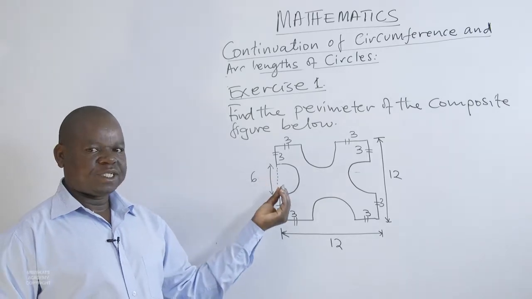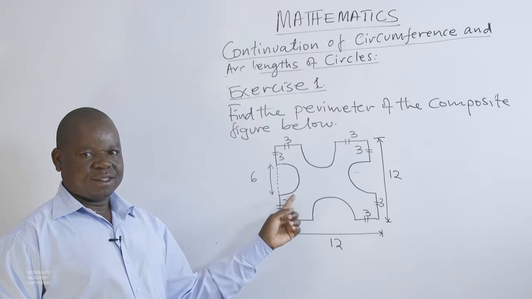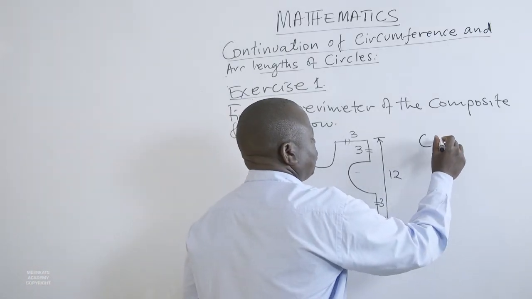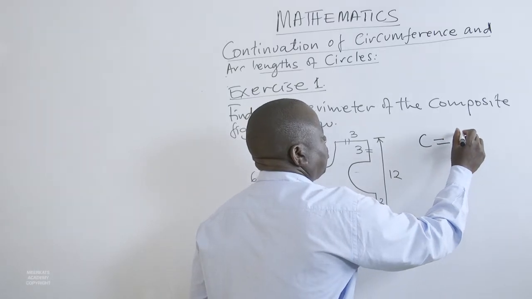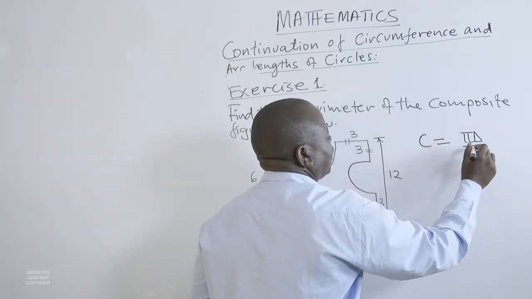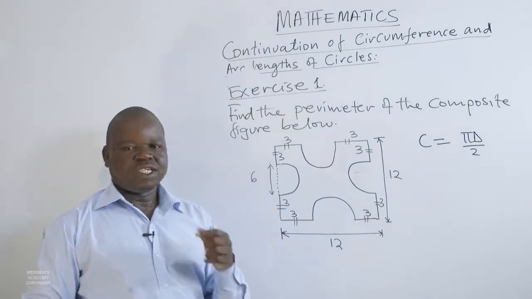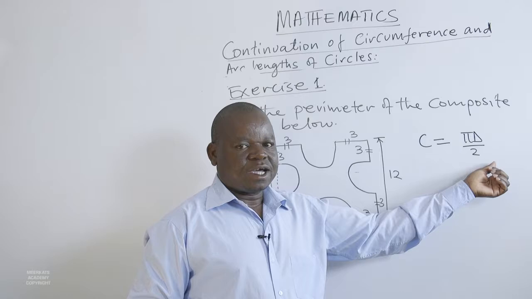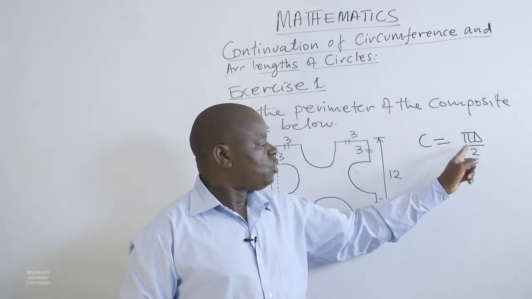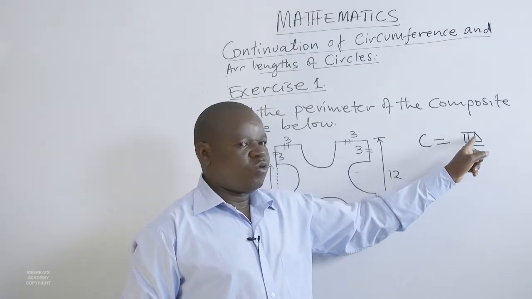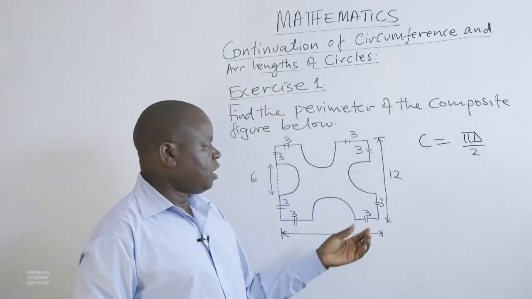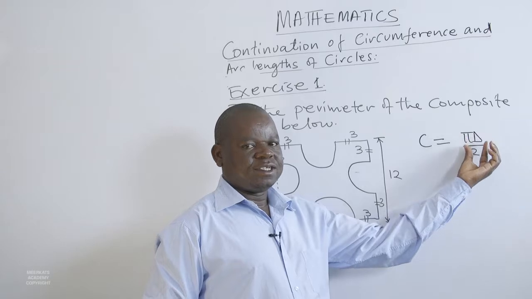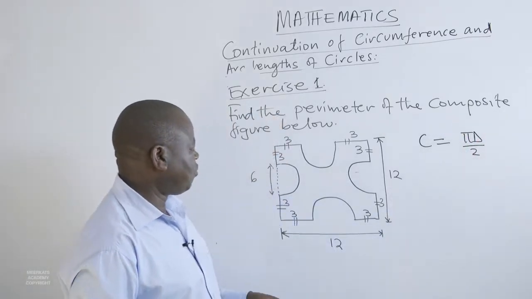And since it is a semicircle, we can find this arc length by the use of the formula C is equal to pi d over 2. From what we learned yesterday, we saw that the circumference of a circle is given by pi d, where d is the diameter, and we are now dividing the circumference by 2 to get the circumference of the semicircle.